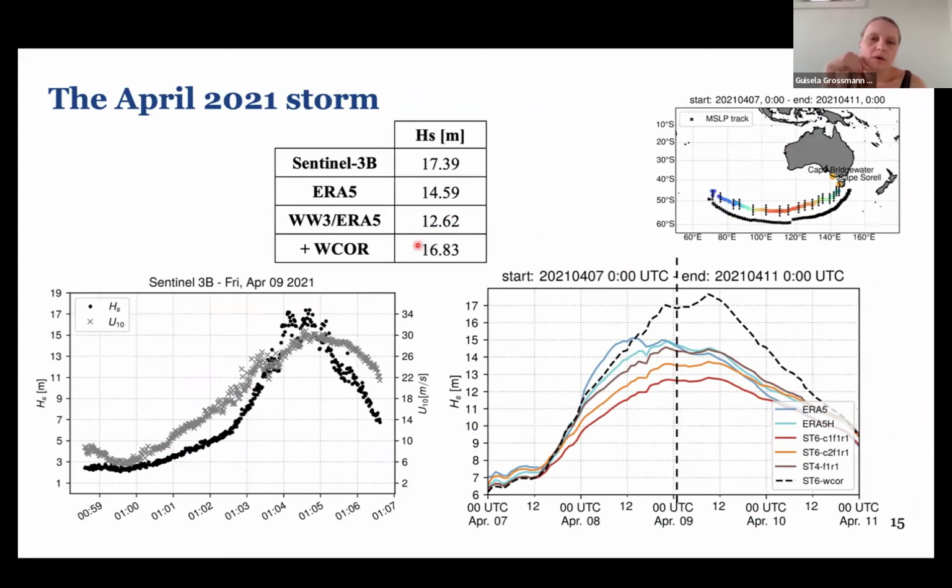Now, it's just about the HGS on the right slide. In your new simulation, this HGS on the right one is still high after 0 UTC. Do you have some explanation for this?